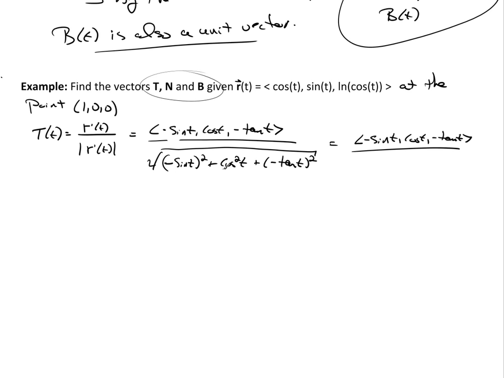Sine squared plus cosine squared is 1, so this is the square root of 1 plus tangent squared, which is secant squared. So this is the square root of secant squared, which is just secant.